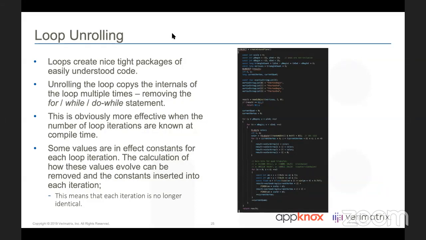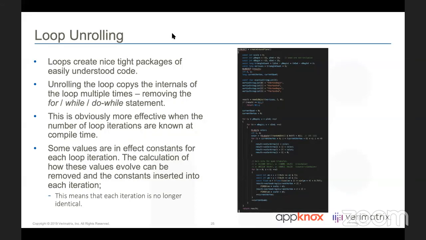So while X may be 1 for the first iteration, X is 2 for the second iteration, X is 3 for the third iteration. If you actually look at the loop and look at how it's behaving, X is always 1 for the first iteration, it's always 2 for the second iteration, it's always 3 for the third iteration.